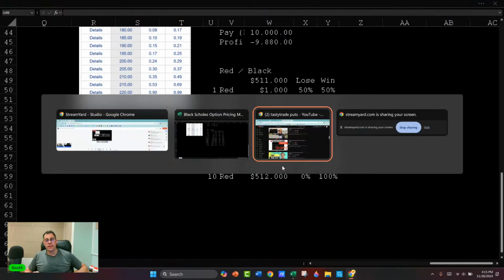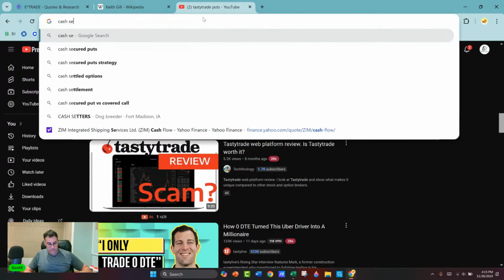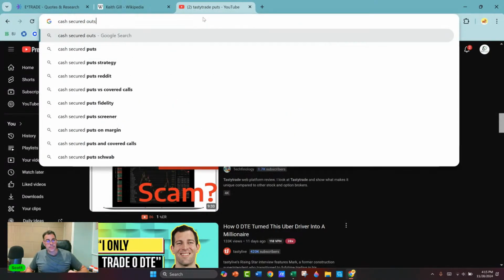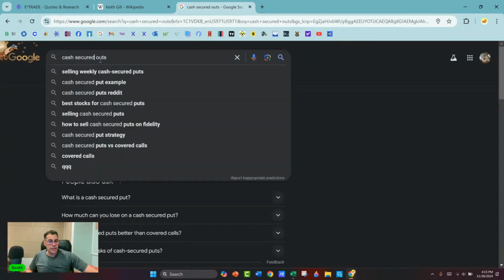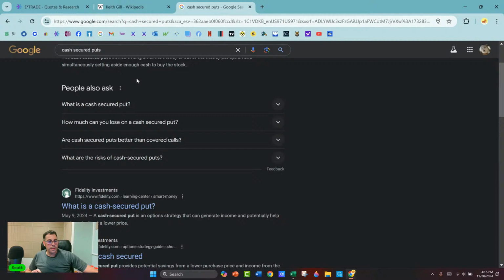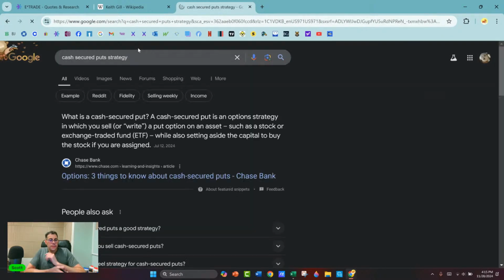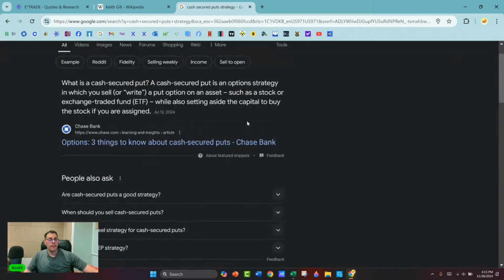But yeah, I'm definitely going to look into it. Even though I think I know the answer, cash secured puts strategy. Cash secured put is an option strategy in which you sell a put option on a stock while also setting aside capital.